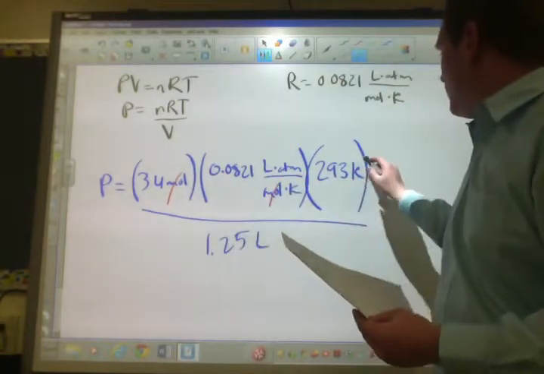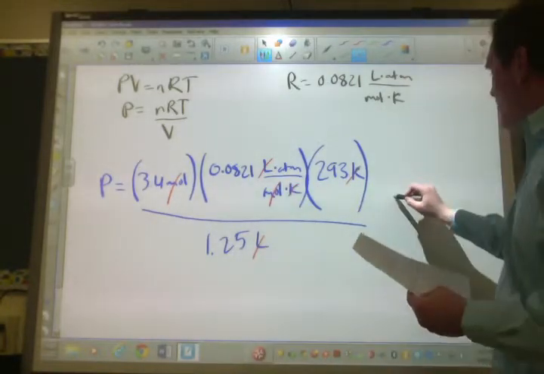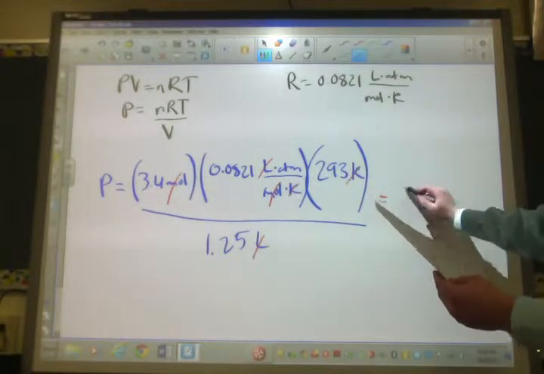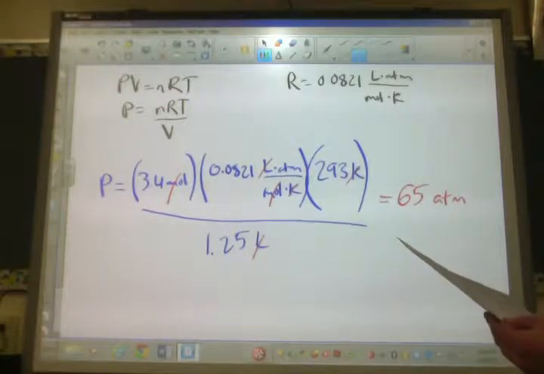Mole cancels mole, Kelvin cancels Kelvin, liter cancels liter, we're left with atmospheres. And when we do the math, we get 65 atmospheres, 2 sig figs.